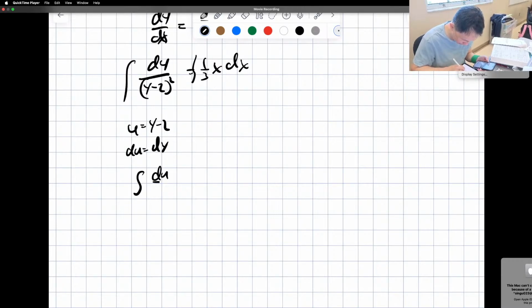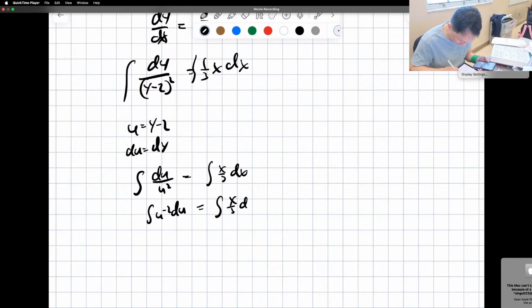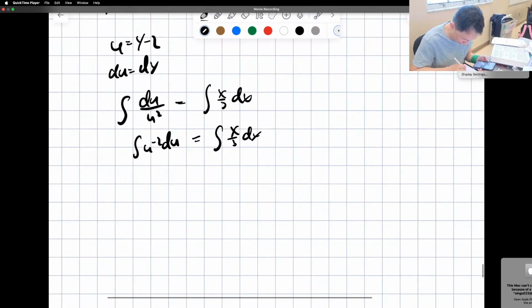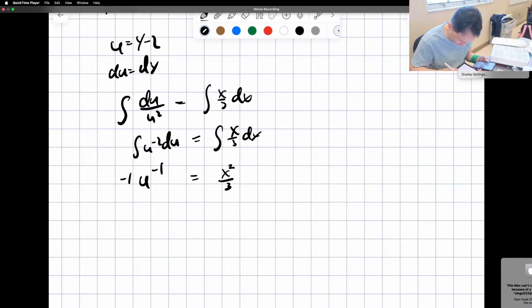So it'll be du over u squared equal to x over 3 dx. That's going to be u to the negative 2 du. You don't have to show as many steps. Some people can do it in their head, some people cannot. x squared over 3, x squared over 6 plus c.